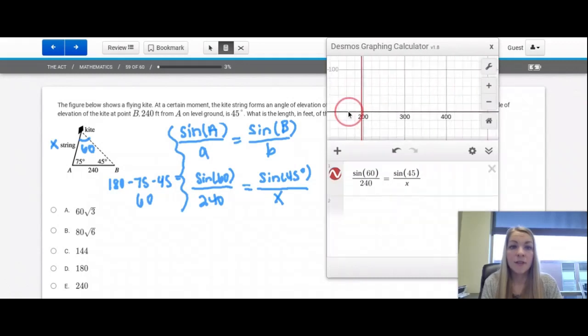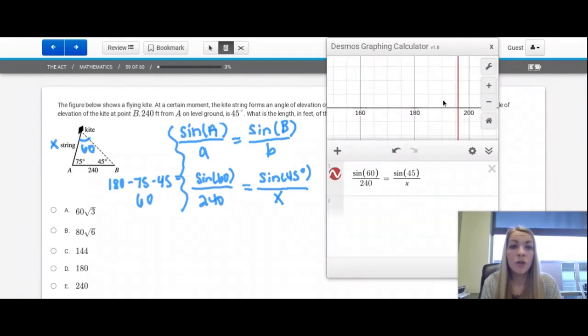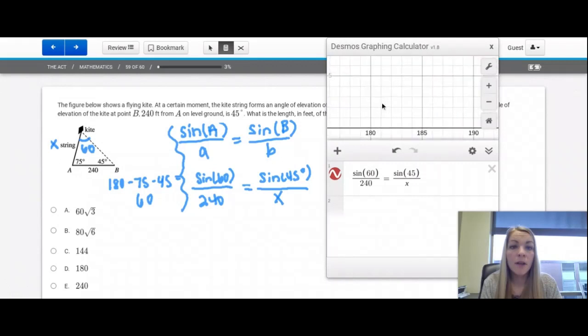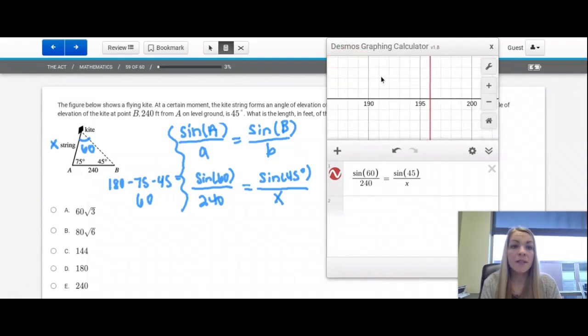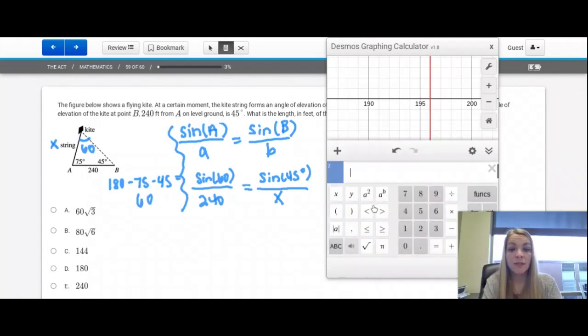Okay, here she is. I'm going to zoom in close. So I need a number that looks like it's maybe about 196 or close to it, okay? So C, D, and E do not look like they are 196. So I can just check to see which one of these matches.